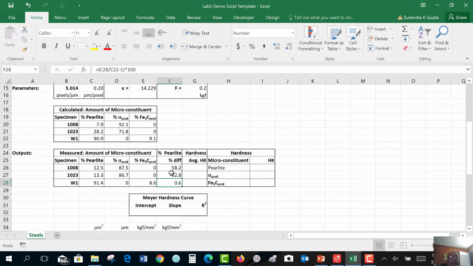We should have taken many more images and then averaged it. For your assignment, I've given you 2 images per sample, one at 200x and one at 500x. It's up to you whether you want to measure both images and average them, or just pick whichever one gives you a better result.